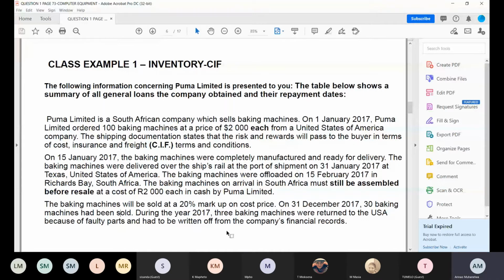Again, they're indicating that during the year 2017, 3 baking machines were returned to the USA because of faulty parts and had to be written off from the company's financial records. This is another transaction we need to deal with. And think about the journals that we're going to deal with. Inventory is going to decrease, and we're going to recognize inventory written off that goes to the profit and loss. So in other words, we're going to debit inventory written off and credit the actual inventory.